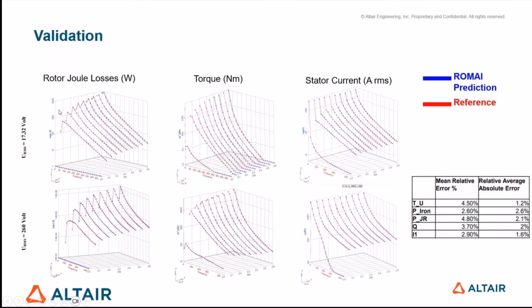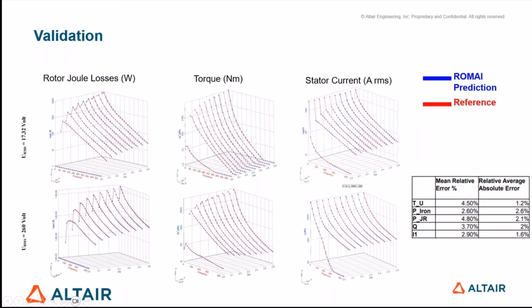For the rotor joule losses, which are very sensitive actually to frequency and voltage, we can see really a good agreement between the prediction from ROM AI and the reference, which are Flux simulations. For the torque also we have a really good agreement, and the stator current.